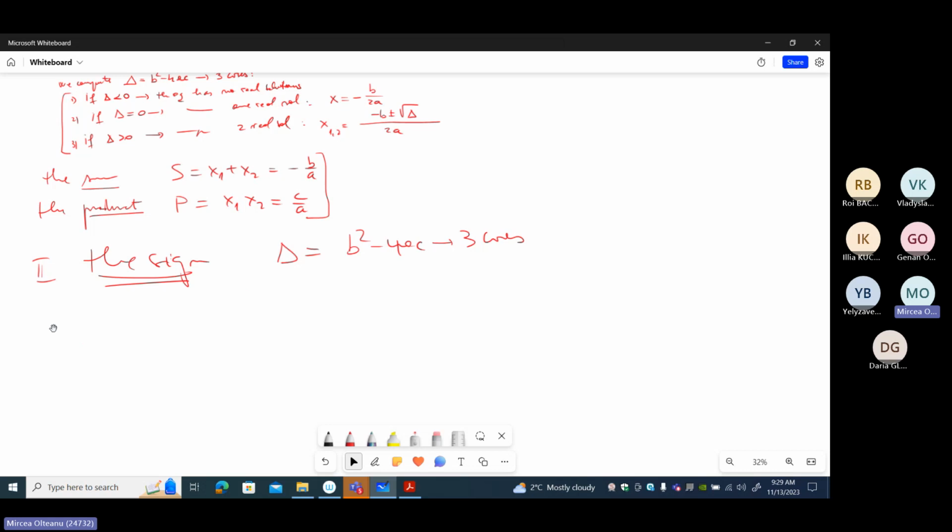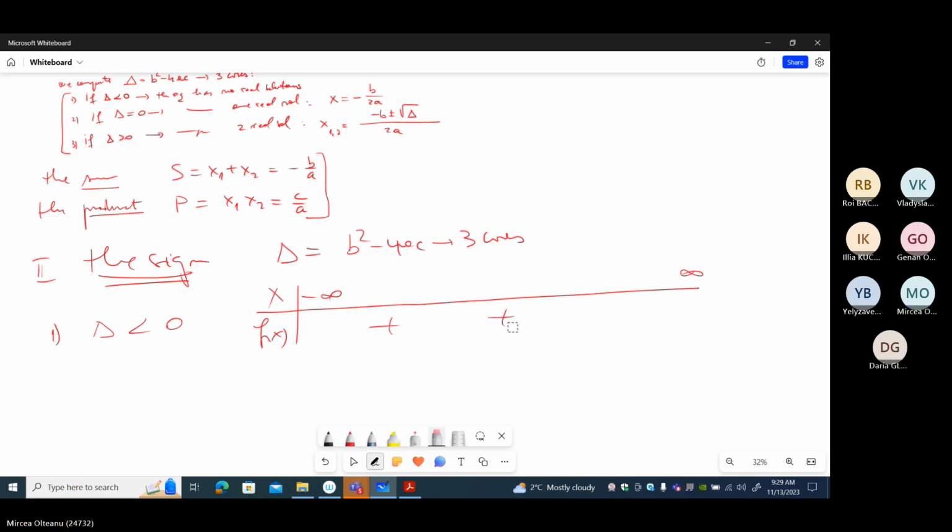The first case is when delta is negative. Then the sign table of the quadratic function is the following: it always has the sign of a.